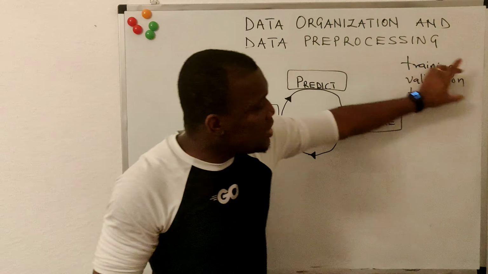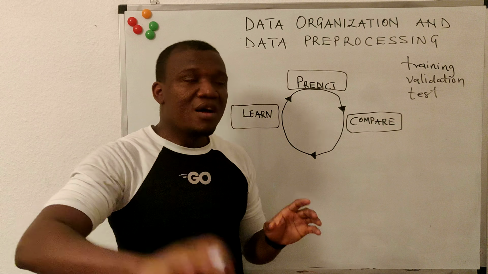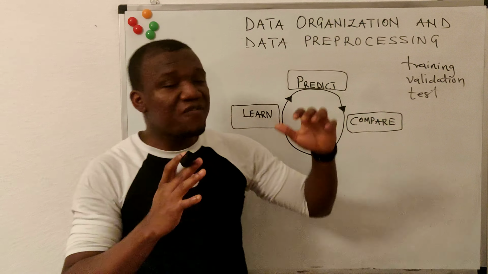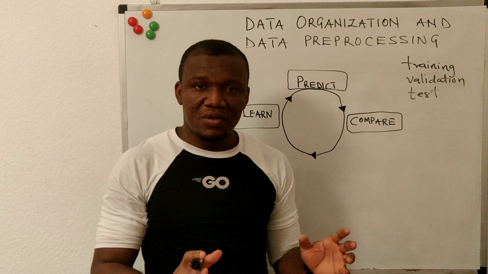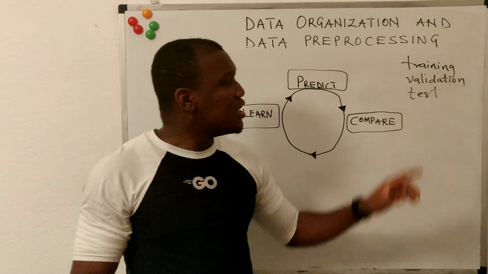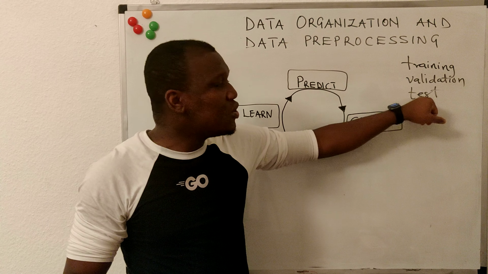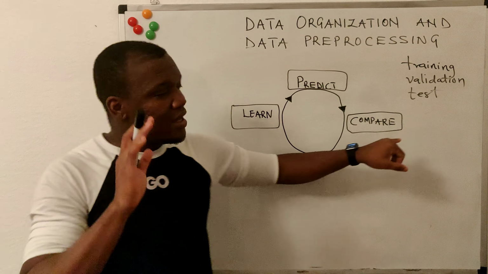And then you leave the validation set and only use it after you have finished the entire training. When you are done training the model, then you use the validation set to validate the accuracy that you got with the test set.